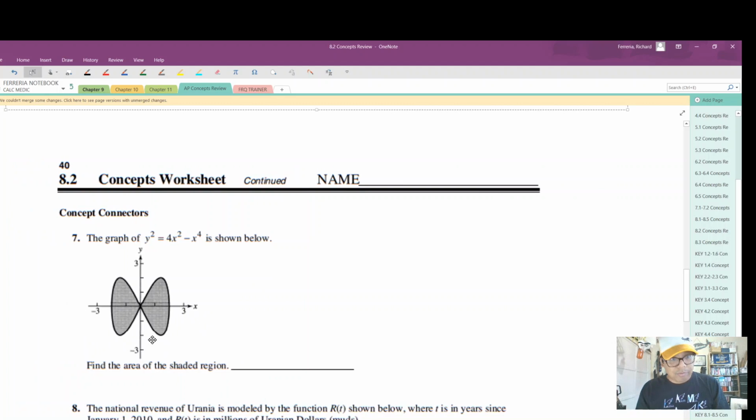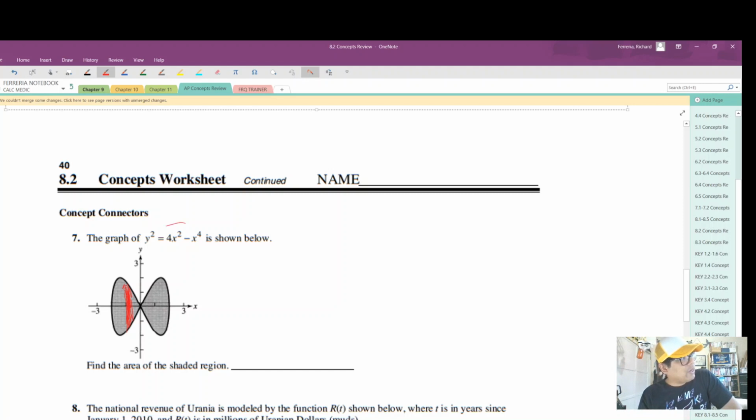All right, so we've got the graph of y squared equals 4x squared minus x to the 4th power. First thing here is let's check and see which rectangle works best. If I tried vertical rectangles, which is pretty much default, that goes from that top function to the bottom function.